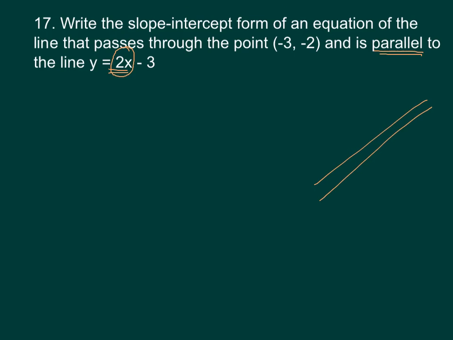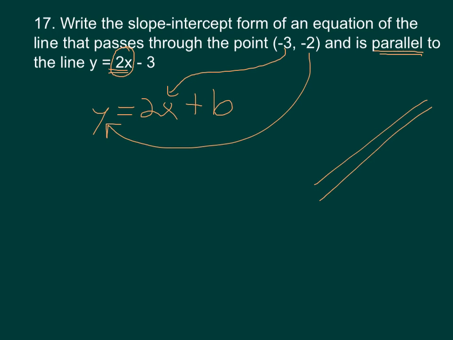So I can use y equals 2x, and I don't know what the intercept is yet, but I can plug in my x value and my y value, and I'll get negative 2 equals 2 times negative 3 plus b.